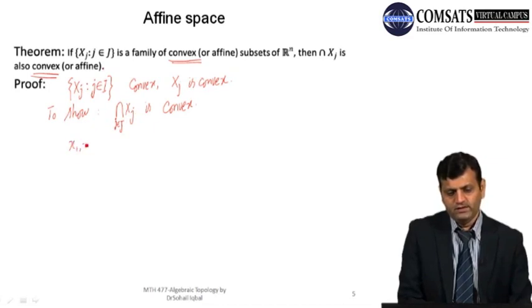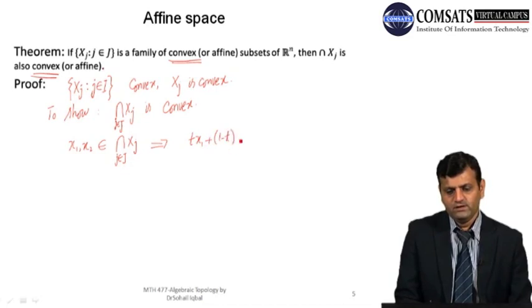Take any 2 points, let's say x1, x2, belonging to this intersection of xj, and I need to show that this implies the line segment joining x1 and x2, which is tx1 plus 1 minus t x2, is also contained.